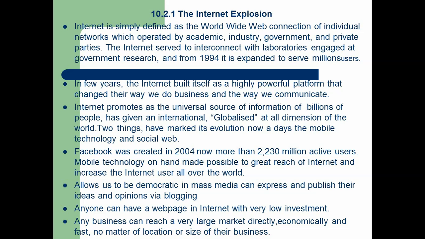Nowadays even a small shopkeeper has their own blog and their own YouTube channel where they put videos related to their product and improve their business, and they are economically growing very fast and using the internet for their development.